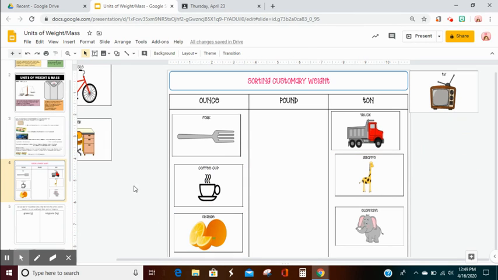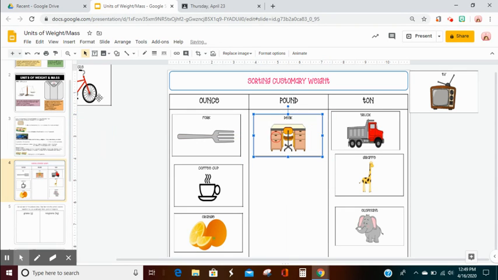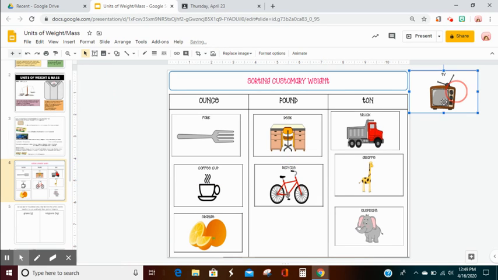And then pounds are heavier, but you can usually hold them or at least pick up one, like this desk. You could pick up one corner of the desk. We could push it, slide it across the floor. And the bike and the TV.